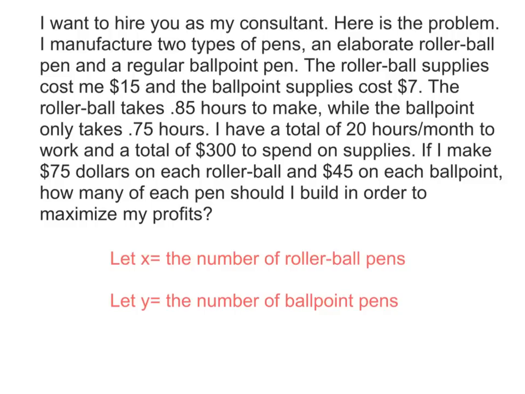What are our unknowns? What are we trying to figure out? And we are trying to figure out how many of each pen I should build in order to maximize my profits, correct? So there's 2 types of pens, thus there's 2 variables. So we're letting X be the number of rollerball pens and Y be the number of ballpoint pens.